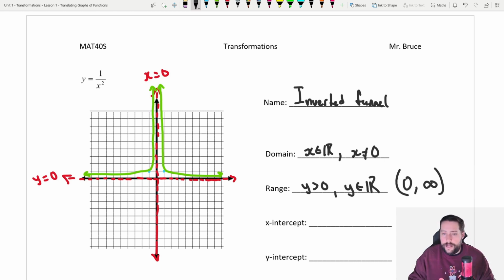Your x-intercept is where it crosses the x-axis. Since it doesn't, there are none, and the same can be said for the y-intercept. Again, very similar to the reciprocal graph, but in this case the bottom half of the reciprocal graph is actually flipped up into the positive part for your y values. That is what an inverted funnel graph looks like.